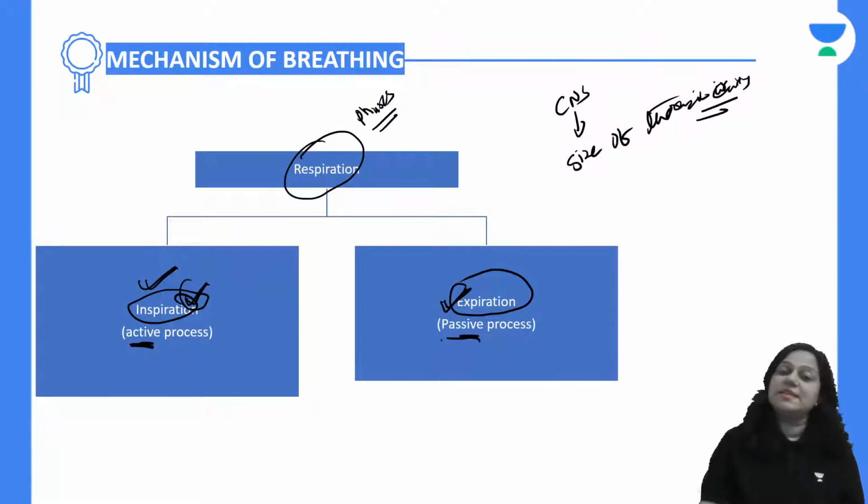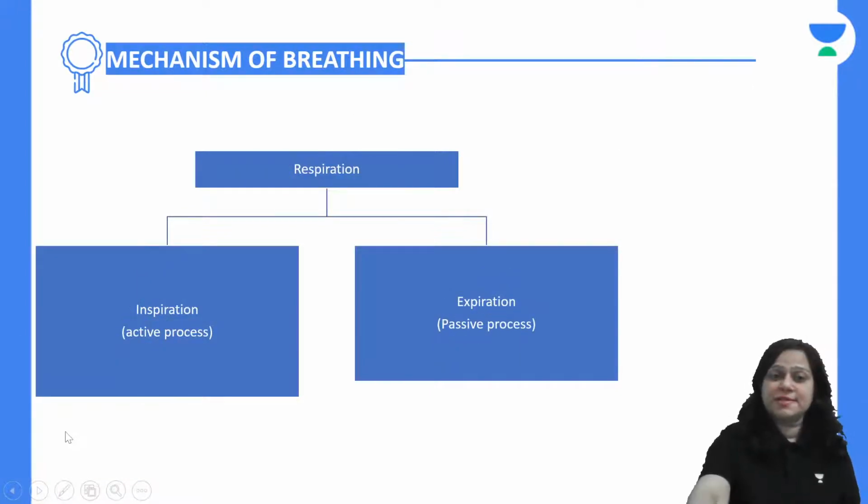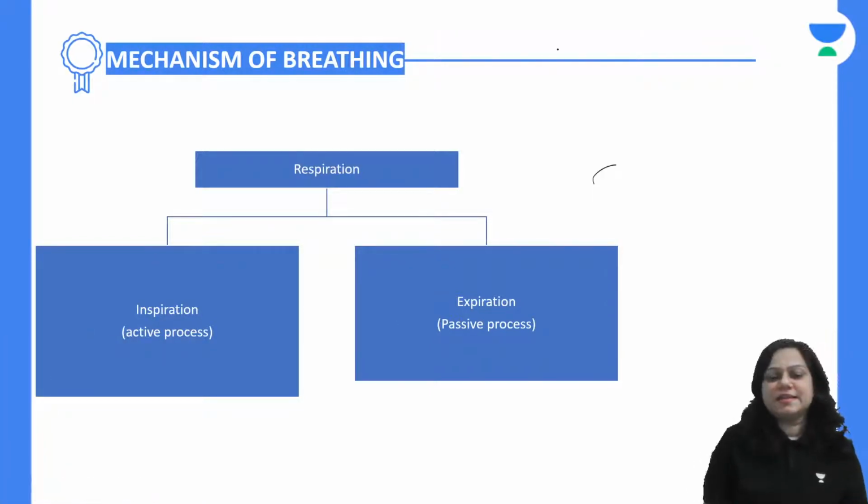This increase in the size of the thoracic cavity will cause movement of the pleura.